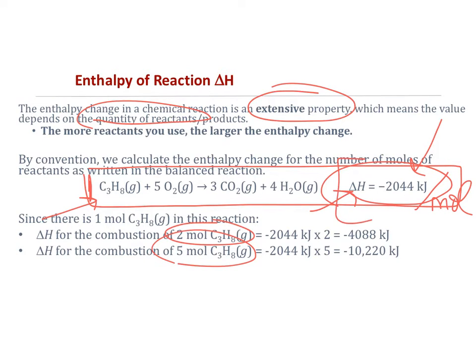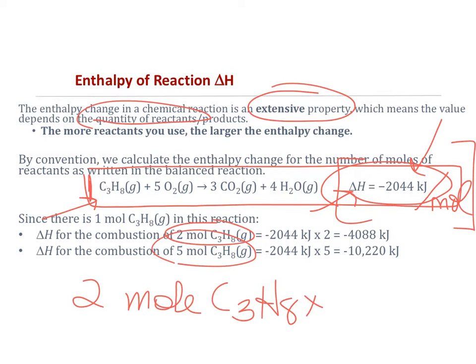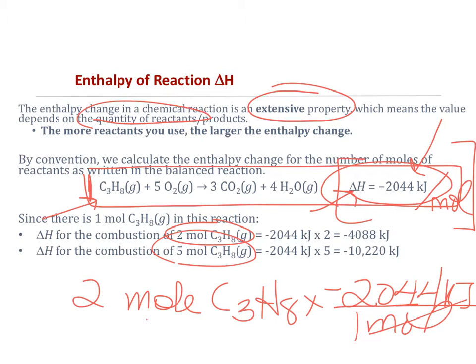And then we can think of it more as a conversion factor. So if I said, what is the delta H for 2 moles of C3H8? You could set up your dimensional analysis equation to say, I know there are 2044 kilojoules per 1 mole of C3H8, right?